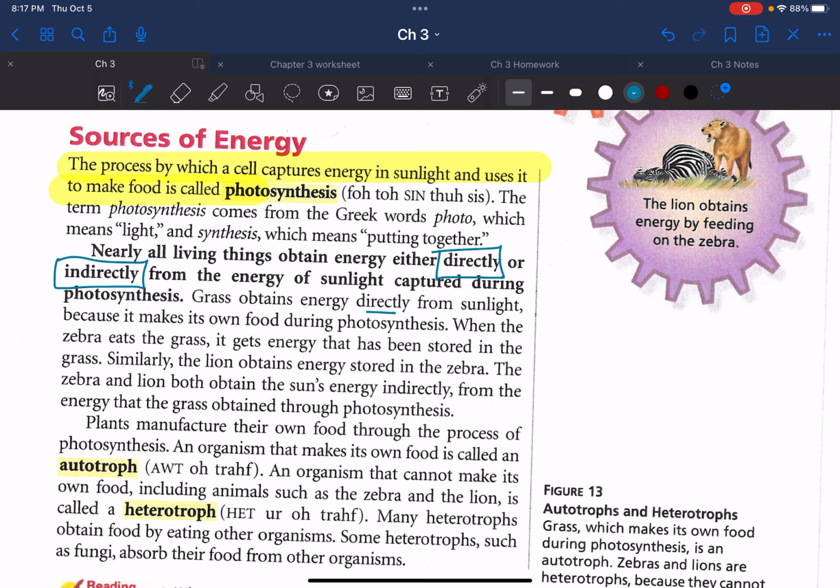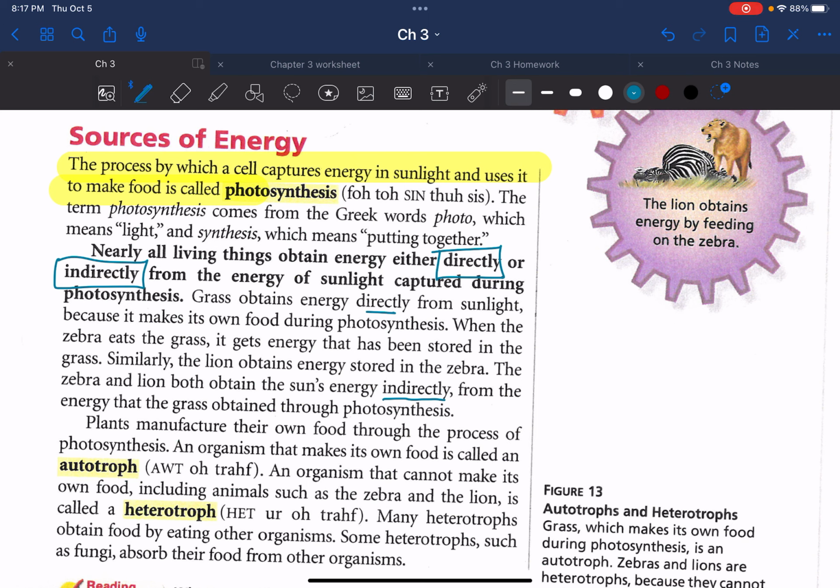When the zebra then eats that grass, the zebra is getting the energy that has been stored in the grass. Similarly, the lion then obtains energy stored from the zebra. The zebra and the lion both obtain the sun's energy indirectly. Indirectly, you guys, is obviously the opposite of directly, right? But it means very trickled down from the chain of command.